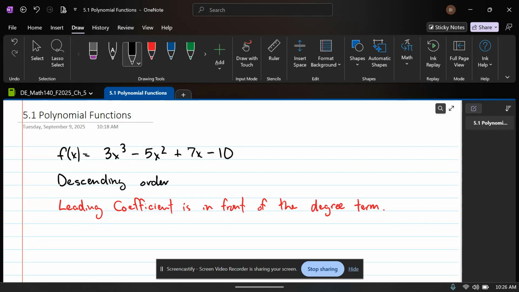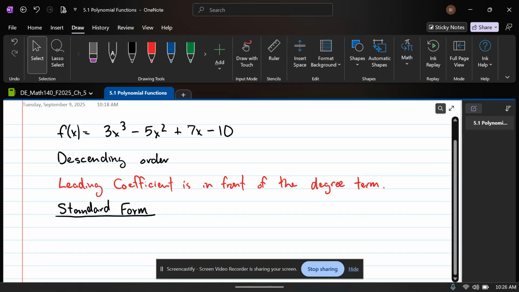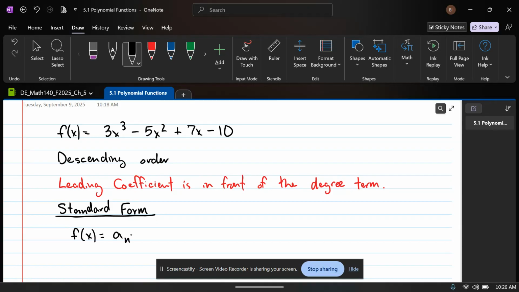Now, your textbook, when it talks about the standard form, and I mention this so that you don't get confused when you look at it, or if there's a question about it. The standard form is written like this, and it's a lot of notation.